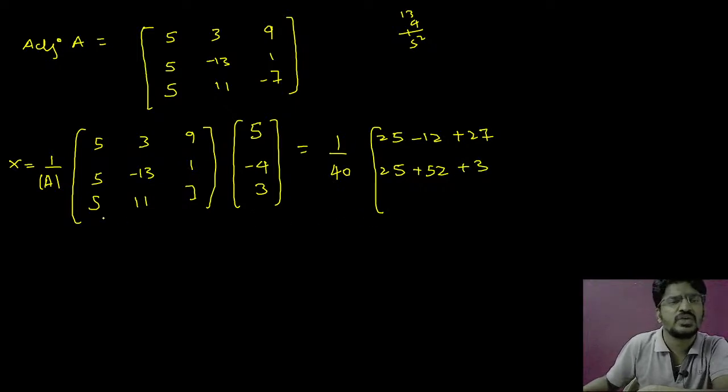Next you can check: 5 into 5 is 25, 11 into minus 4 is 44, 1 into 3 is 3.